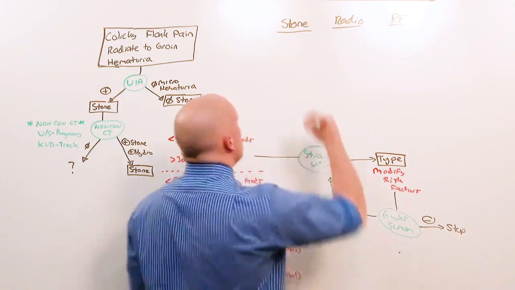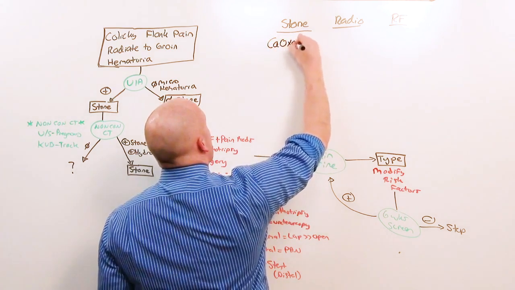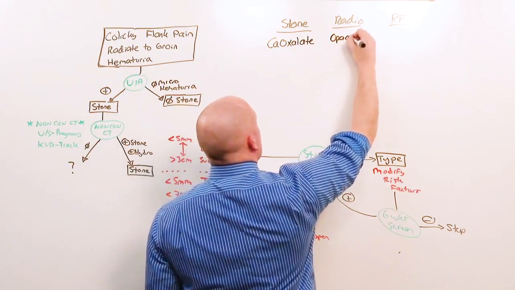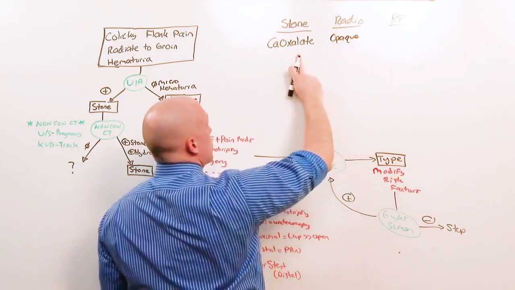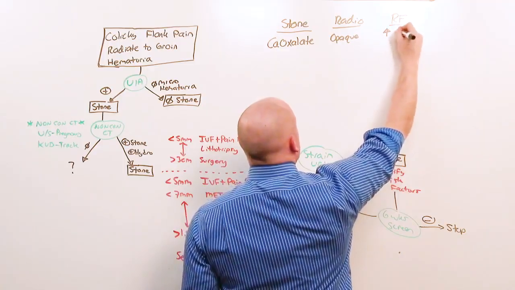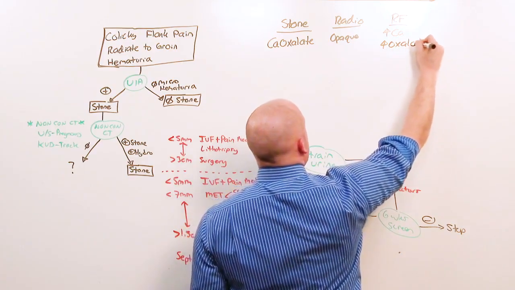The most common kidney stone is calcium oxalate. This is a radio-opaque stone and accounts for about 80% of stones. The risk factors are, not surprisingly, increased calcium in the urine and increased oxalate in the urine.